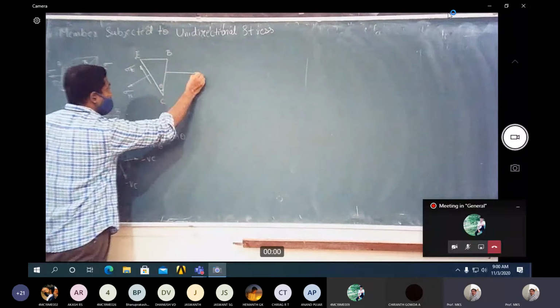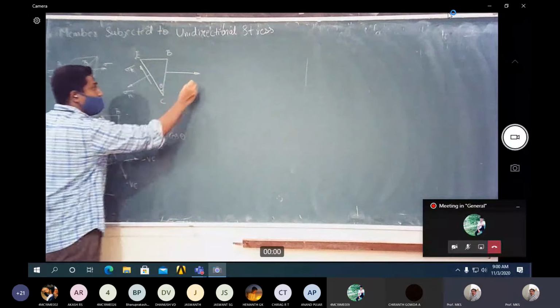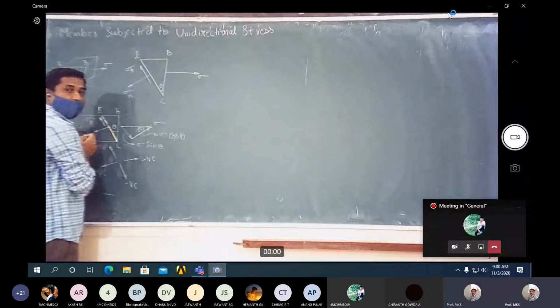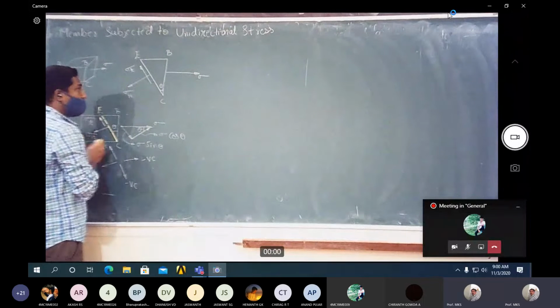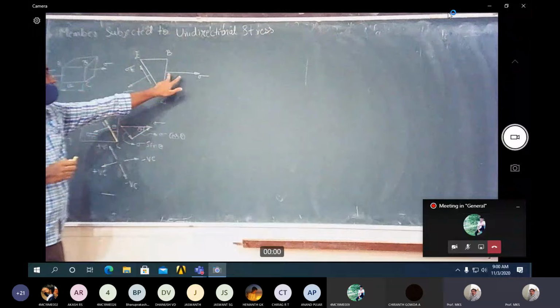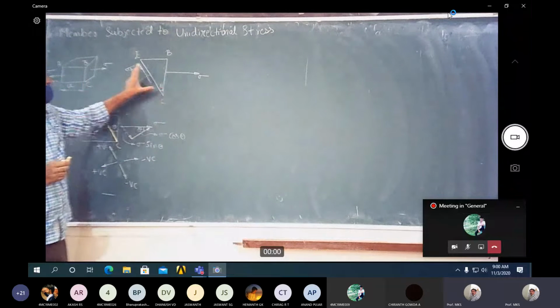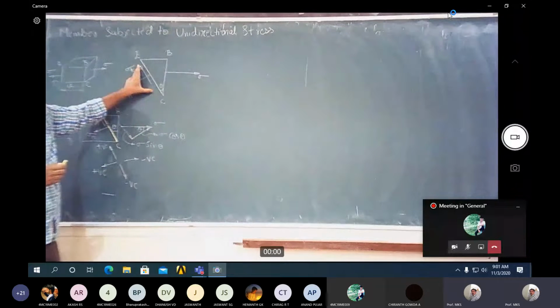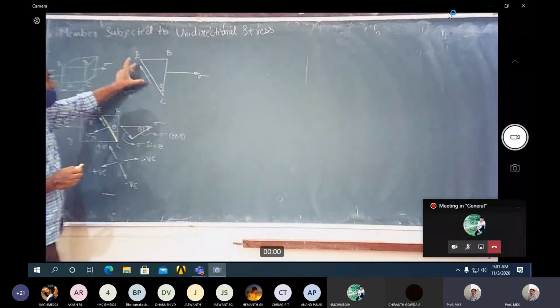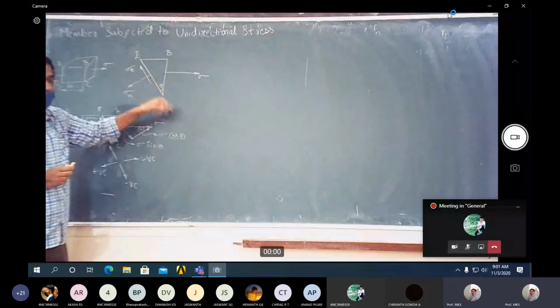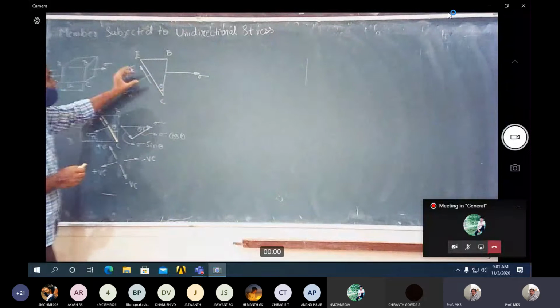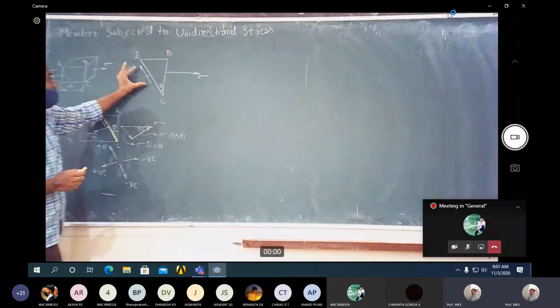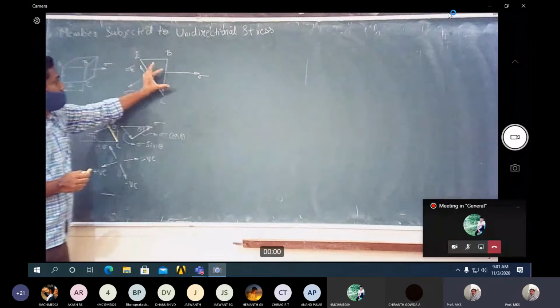On BC there is a unidirectional stress, sigma, acting. I need to resolve this applied force with respect to the inclined plane, where we have two stresses. So resolve with respect to those two stresses. Start with any point, either take it to the bottom side or up.